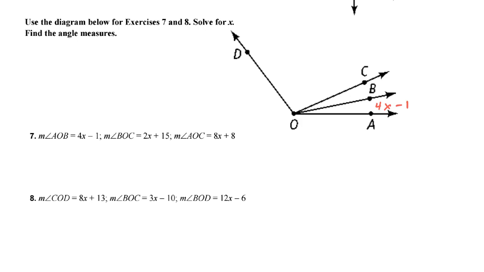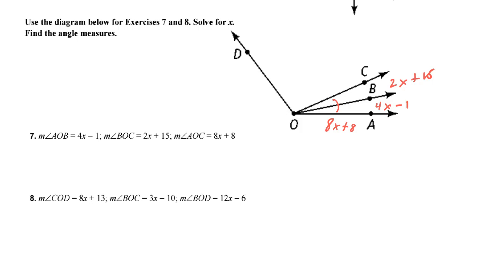The measurement of angle BOC is 2x plus 15. And I know the measurement of angle AOC, the entire angle, in other words the sum of the measurements of these two angles, will be 8x plus 8.